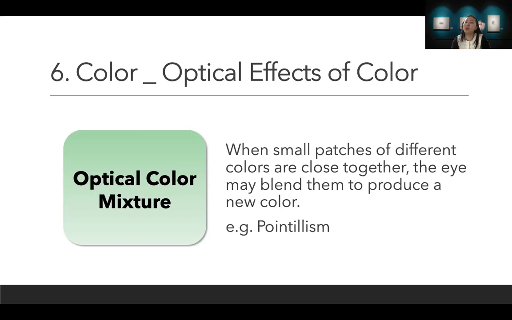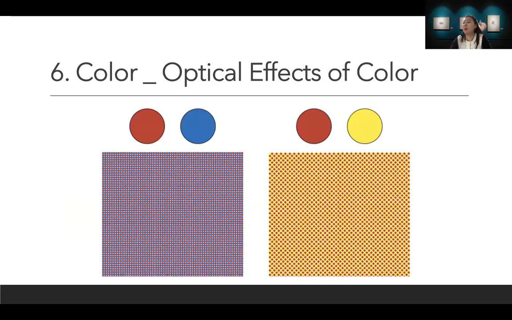So let me show you the examples of the optical color mixture. The left box consists of red and blue tiny dots, right? And the right box has red and yellow dots in it. Now everyone, let's look at these two boxes with your eyes half closed.